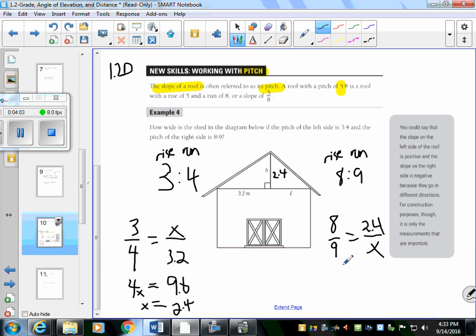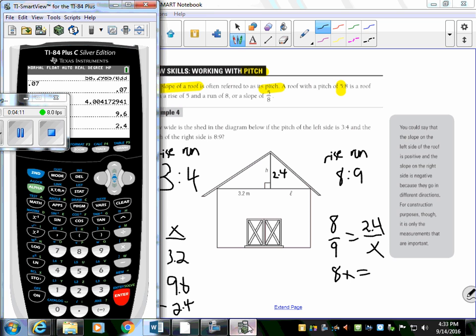So same thing, how do we solve for that X? We cross multiply, we get 8x is equal to 9 times 2.4. So coming into my calculator, 9 times 2.4 gives me 21.6.